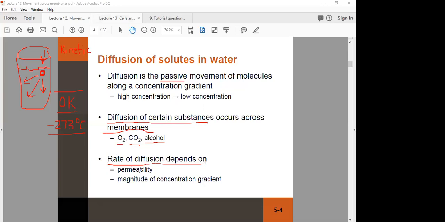One is the permeability of the actual substance that's diffusing. The higher the permeability, the faster it will move across. And also the rate of diffusion depends on the magnitude of the concentration gradient. So if you have a really high concentration on one side of the membrane and a really low concentration on the other side, then you've got this great magnitude, and that increases the rate of diffusion.